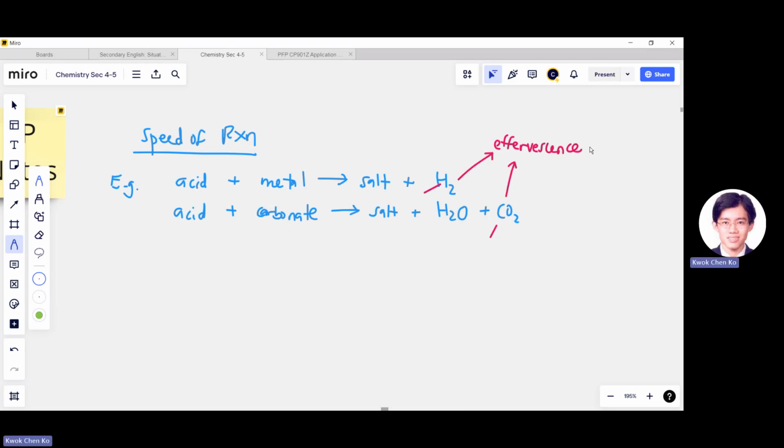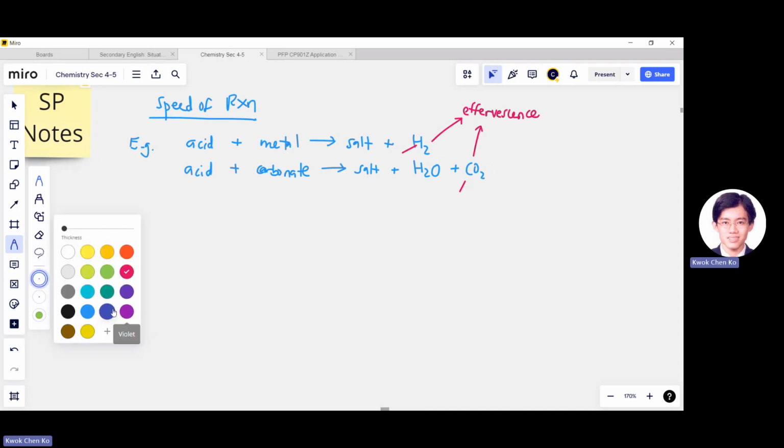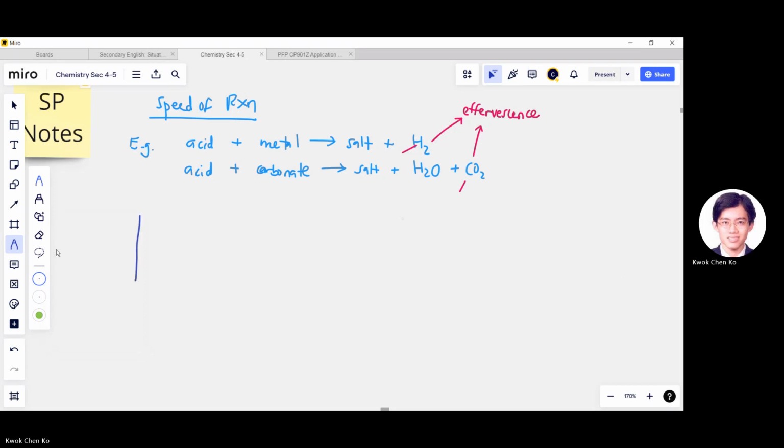Okay, so how to measure the rate of these two reactions? There are two ways. As I said, there are other ways, but I'll tell you the two most common ways first. One is, by the way, before I forget, the setup is in a flask, of course.